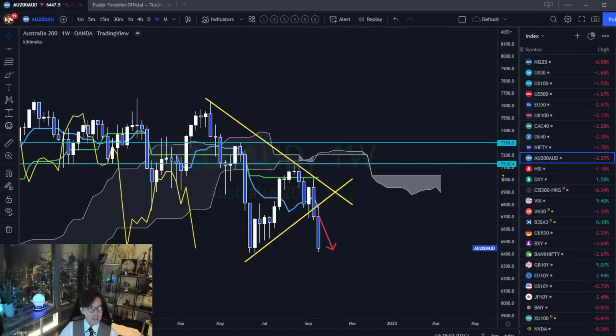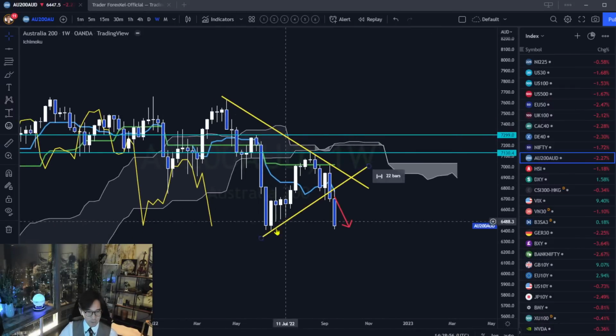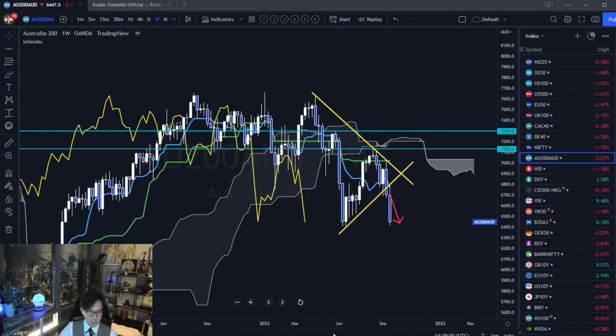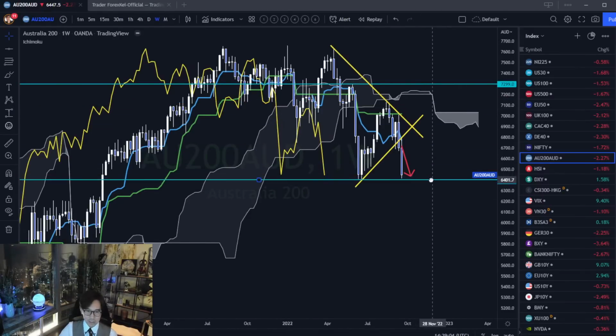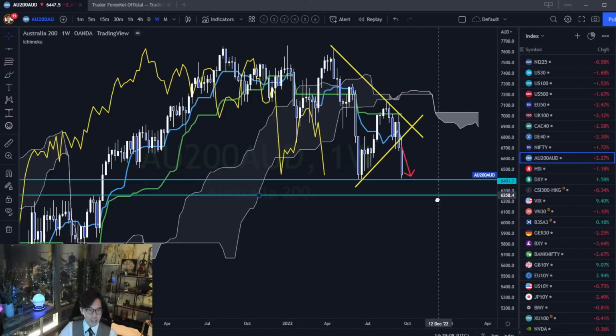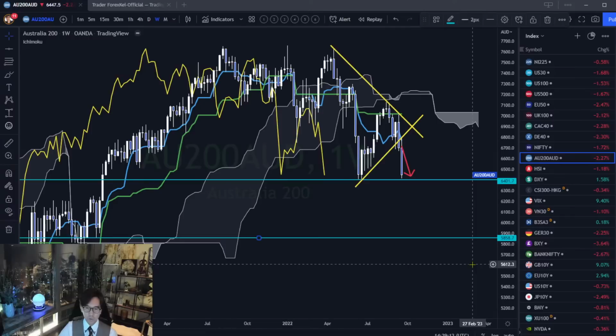Okay, moving on to AU200, the P wave was broken bearish, so this is downtrend. It's on a support, and once the market breaks the support level of 6401.7, then it may go down all the way to 5858.7.